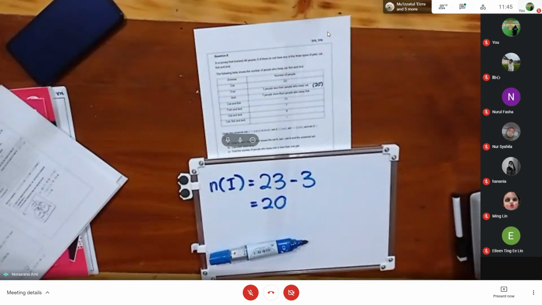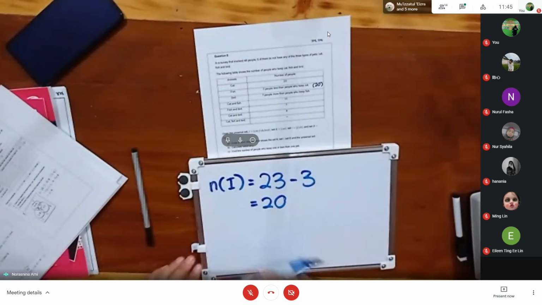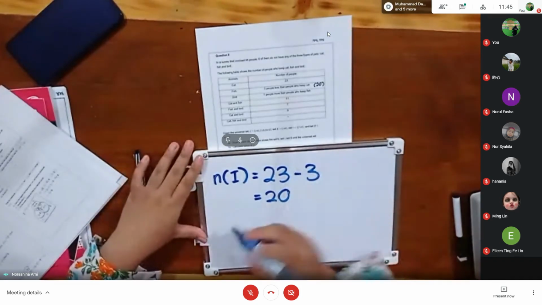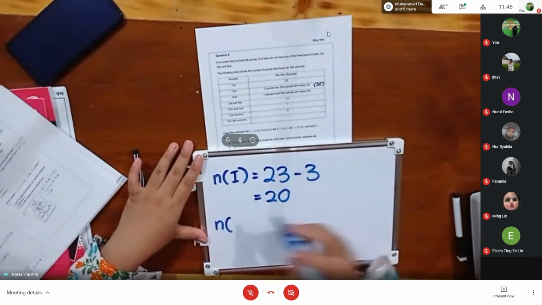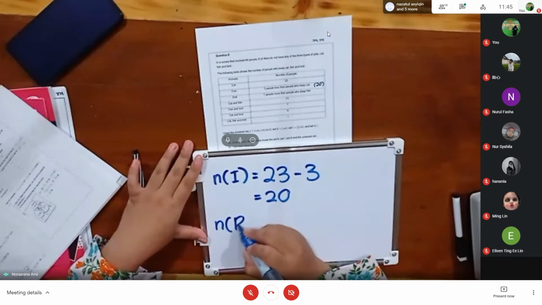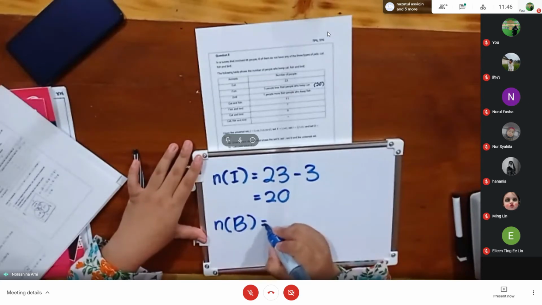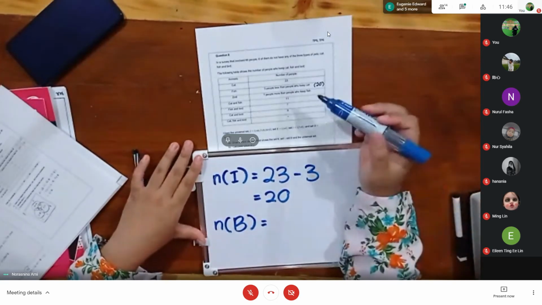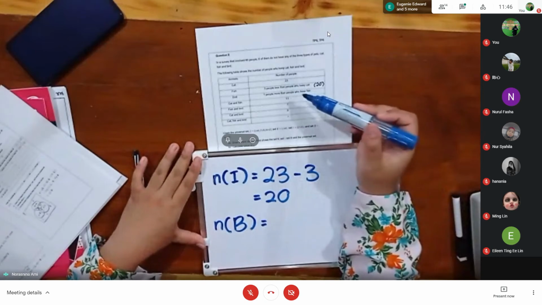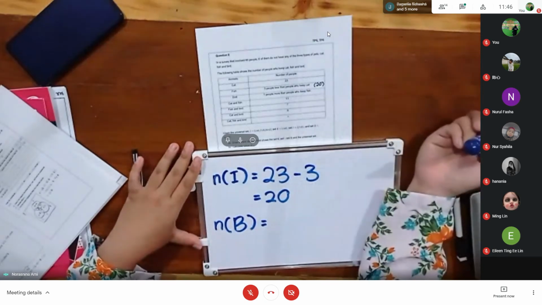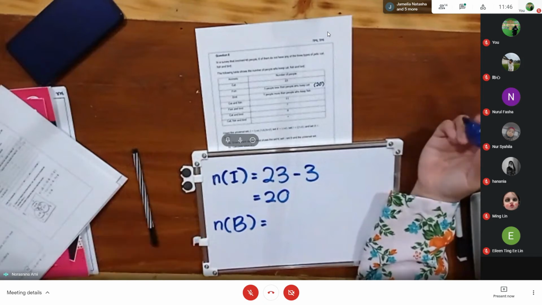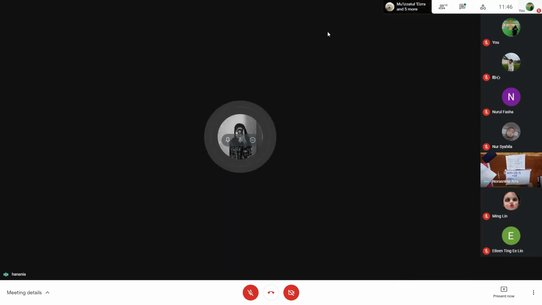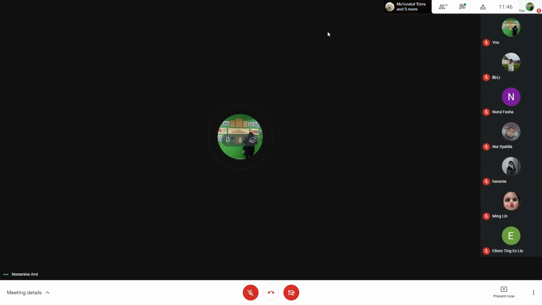Now we determine the number of people who have bird. Set B represents bird, so here we write B. It is said that it is 1 more than people who keep fish. Who can answer this question? Only plus 1, right? Yes, only plus 1.